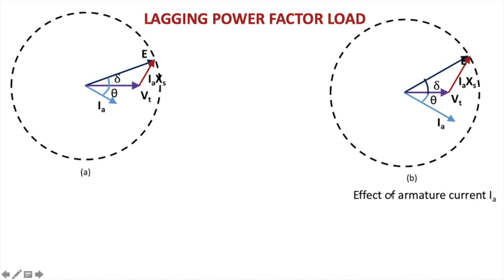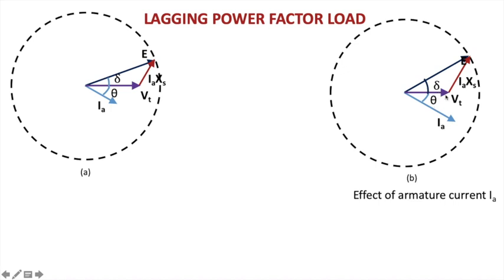With an increase in the armature current, the magnitude of the armature current has increased while the angle remains the same. The power factor is the same, only the magnitude of the armature current has increased. So with the increase in the magnitude of armature current, you see that the reactance drop has increased and the terminal voltage has reduced.